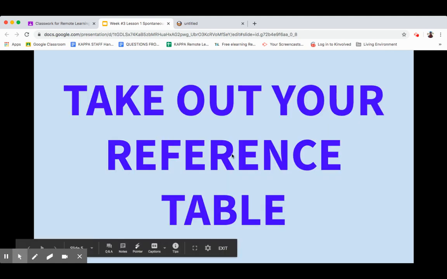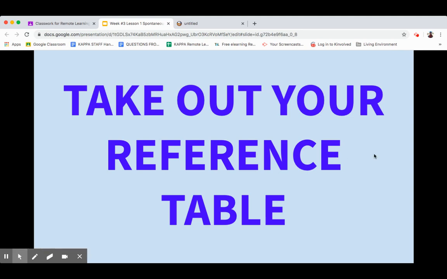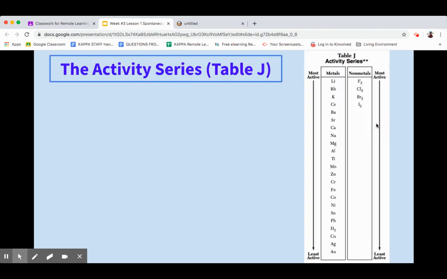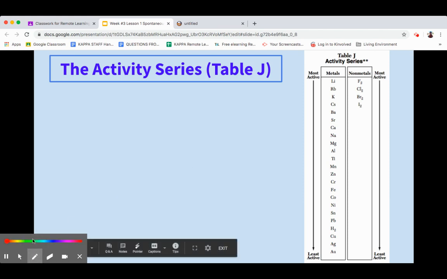All right, so we're going to look at a new part of our reference table today, which is table J. So take out your reference table or click the link that I provided in Google Classroom, and we'll look at table J, which is called the activity series. If we look at the activity series, what are some things that you notice right away?